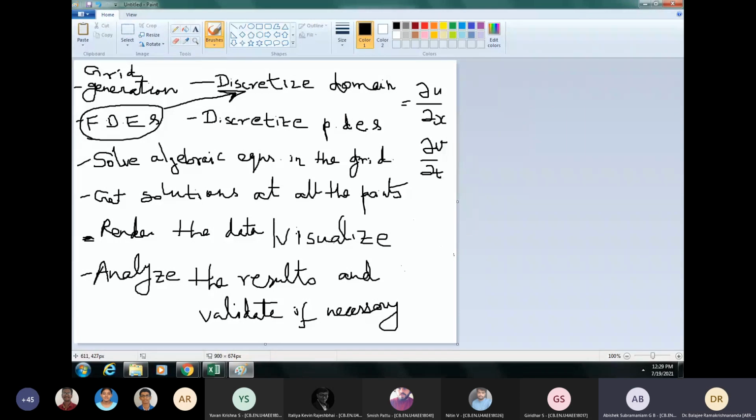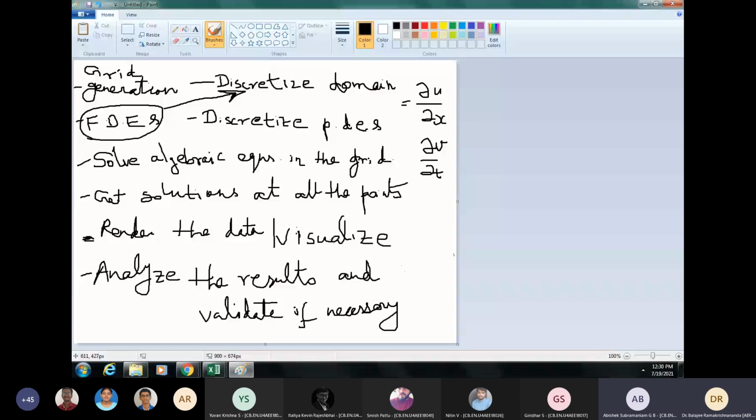If I take 50 points, it will be better. Will it be accurate? It won't be accurate, but you get a better approximation. In the same way, if you increase the number of points here, you will get a better approximation of the PDEs or the space domain.